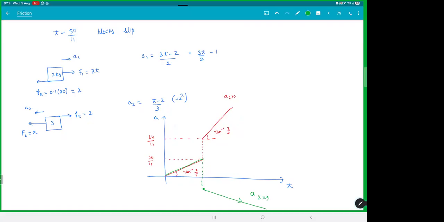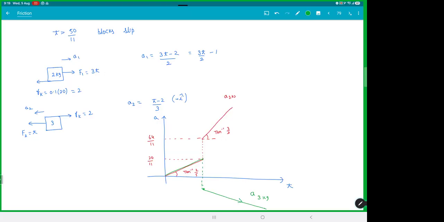Clear with this? Because the direction has changed, the sign also will matter. All clear with this?